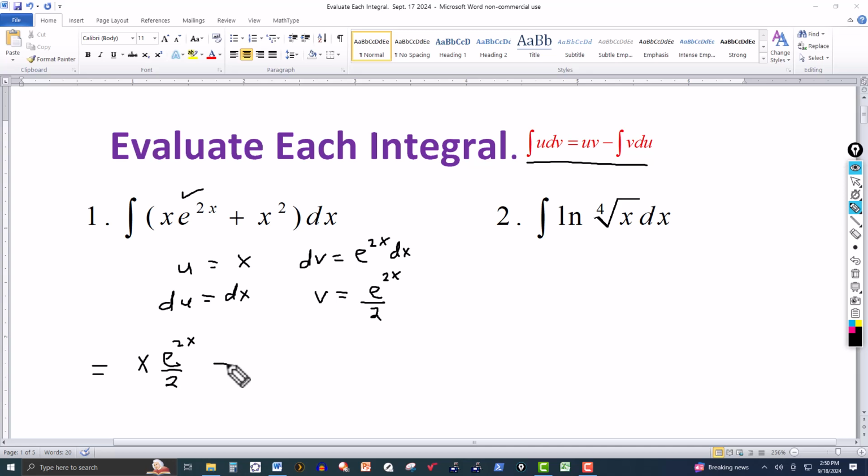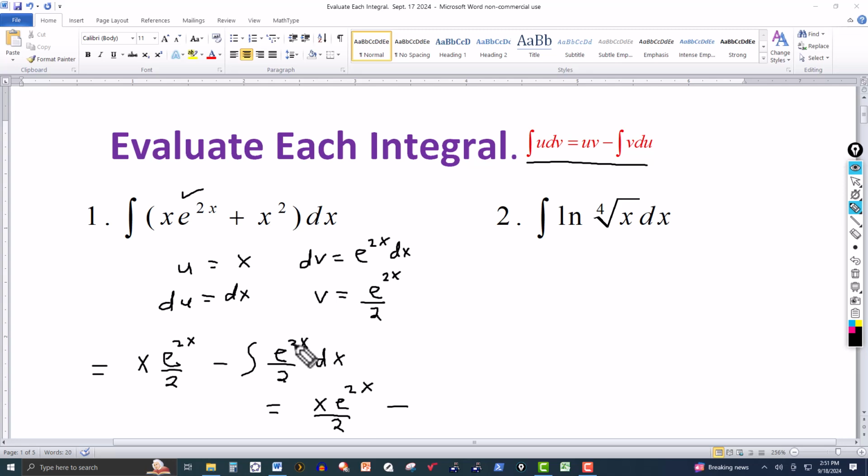And that's minus, look at the formula, the integral of v, which is e to the 2x over 2, and then du. But du is just dx. So this is going to equal, doing the first one here, x e to the 2x over 2, and then I have the minus here, and then the integral of this.